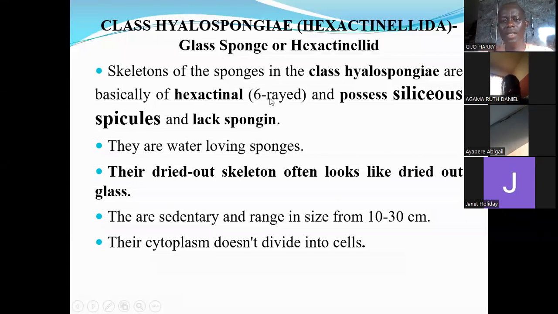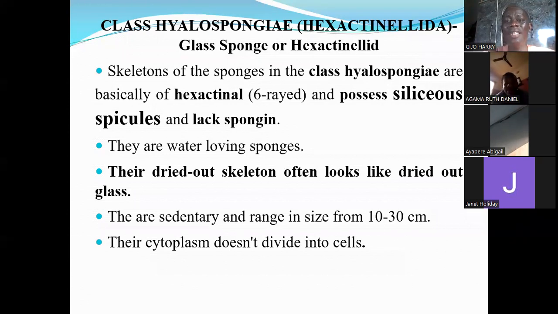Calcareous spicules means spicules that are made up of calcium carbonate.